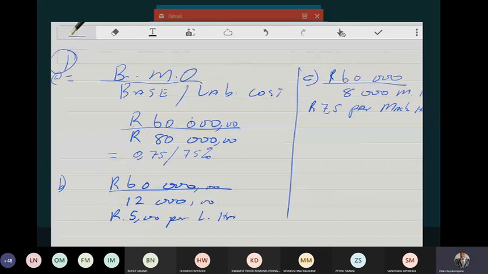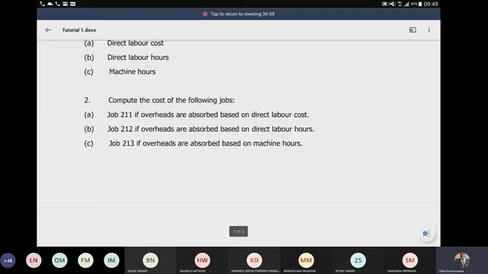And the question carries on, guys, to number 2, where they say now compute the cost of the following. Let's calculate the cost of job number 211 if overheads are absorbed based on the direct labor hours, job 212 if overheads are absorbed based on the direct labor hours, then 213 if overheads are absorbed based on the machine hours.